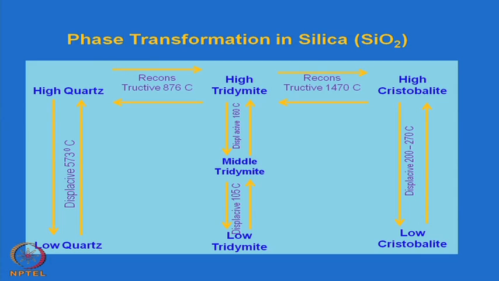Normally ceramists use these two terminologies, displacive transformation and reconstructive transformation, whereas metallurgists use diffusionless transformation or athermal transformation and isothermal transformation. So, that is the basic difference. Maybe we will discuss these things at a later stage when we talk about phase transformations.